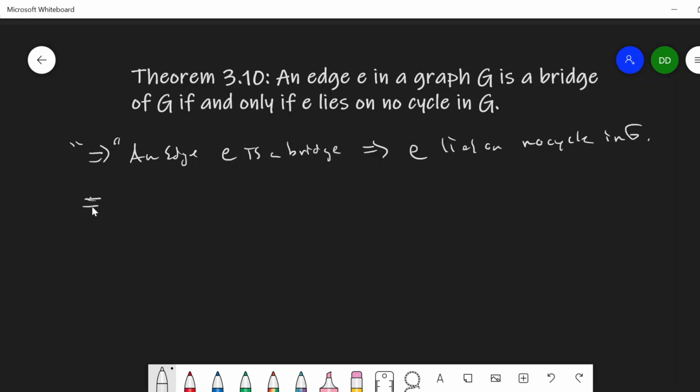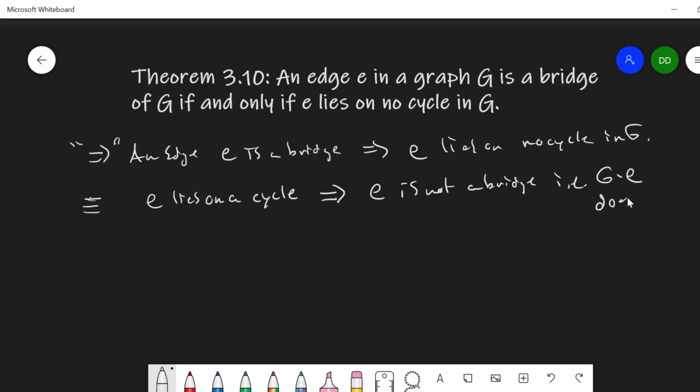This is equivalent to: if E lies on some cycle, that is, there exists some cycle that contains E, then E is not a bridge. That is, G minus E does not disconnect the graph.